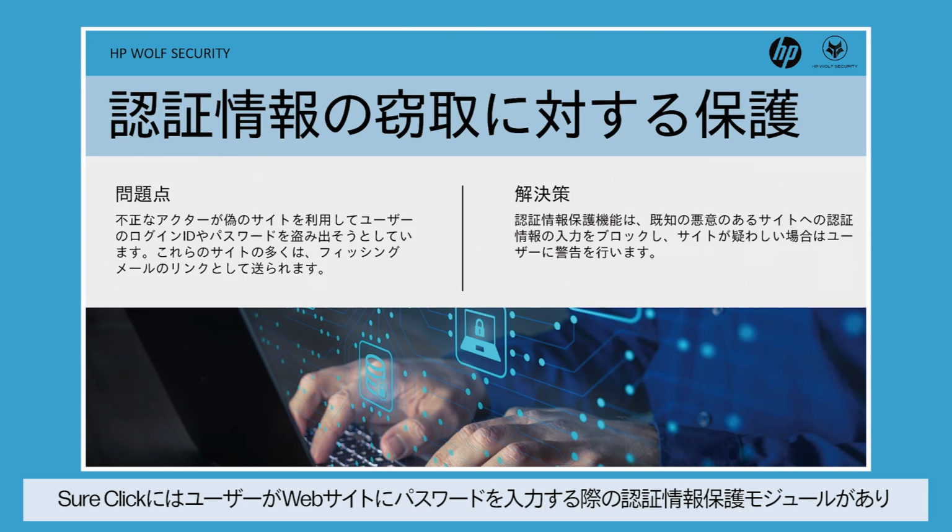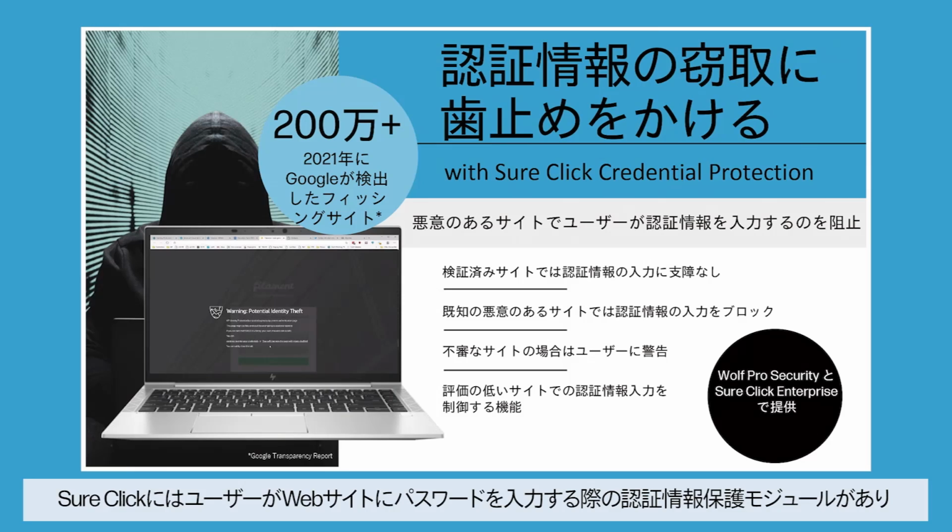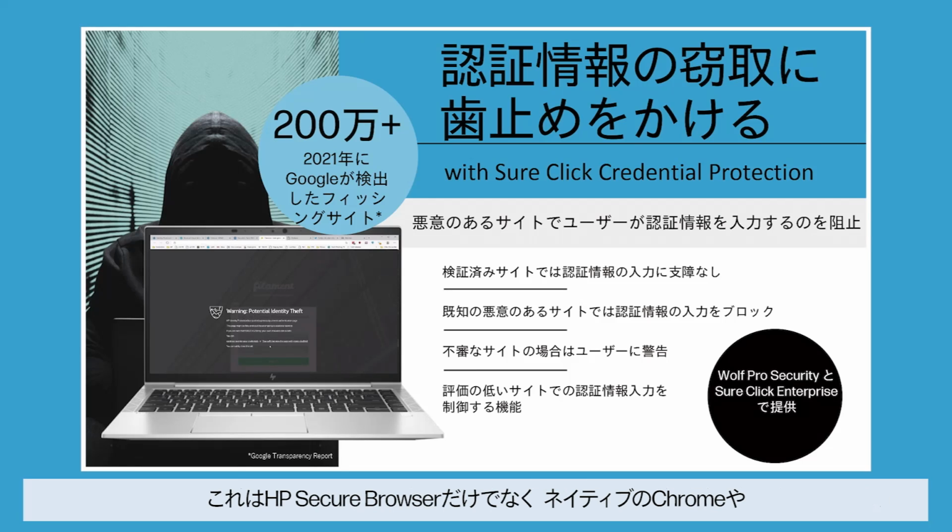Well, SureClick has a credential protection module where when users are typing their password into a website, and this works with not only our HP secure browser, but we also have extensions that natively run in Chrome as well as Microsoft Edge, where we can see the URL of the website the user is about to type their password into, and we will check using our cloud reputation services whether that is a legitimate site or potentially a high-risk site.